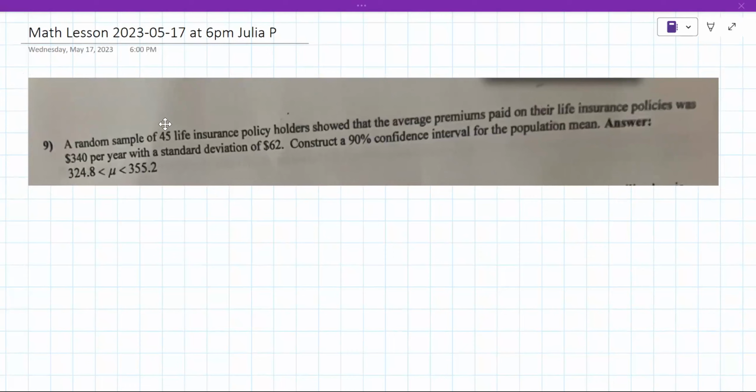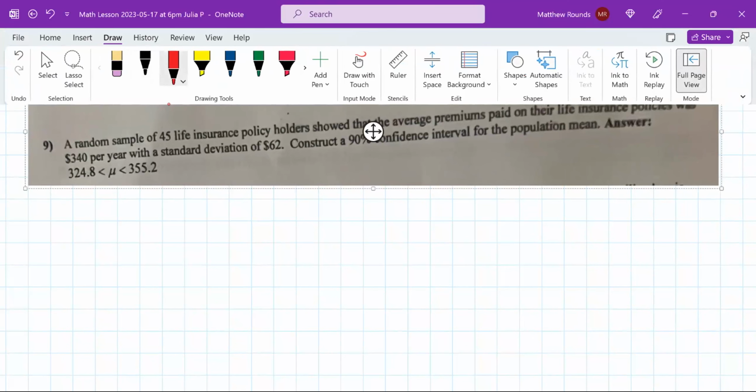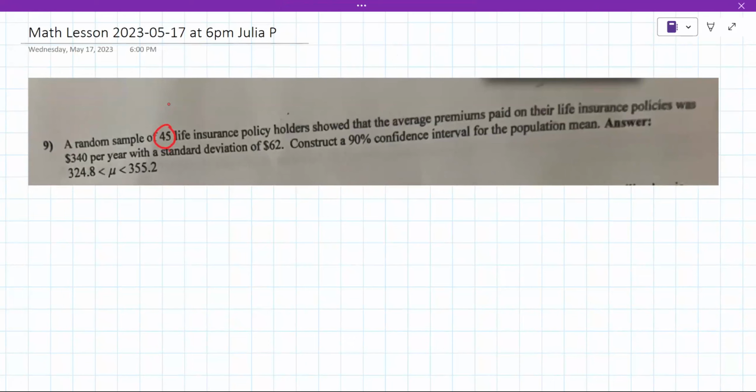Can you, and this is where I'll just highlight or circle them, what's 45? What's 340? What's 62? What's 90? And basically, what letter or symbol goes with it? Okay.